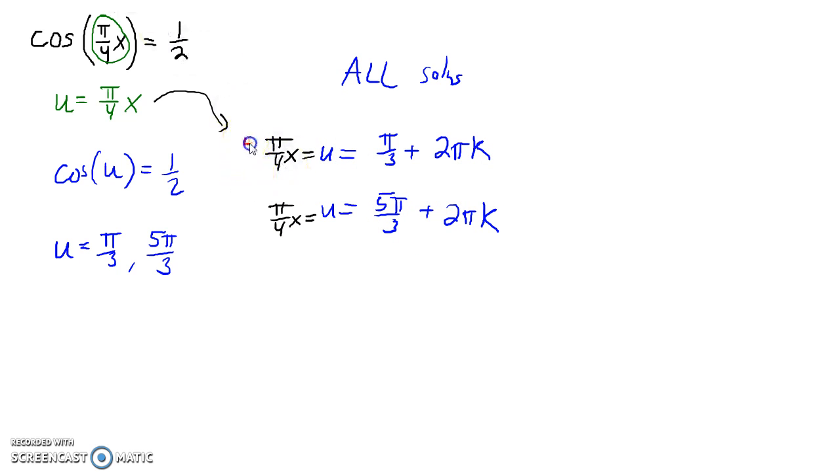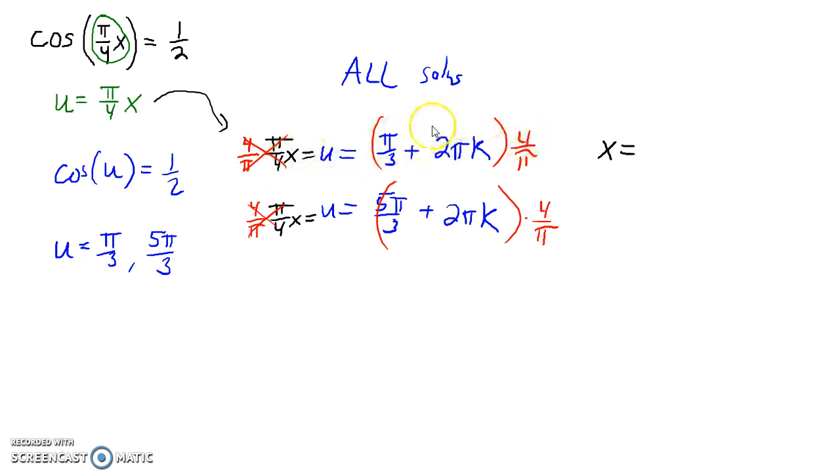I can solve this for x by multiplying both sides of the equation by 4 over pi, because that'll cancel out there. We'll do the same thing down here, multiply all of this by 4 over pi, cancels out here and here. And so in this top one, I'm left with x equals, because all my constants canceled out there.